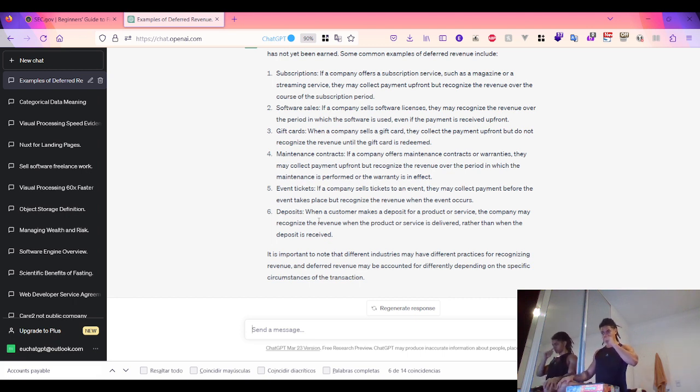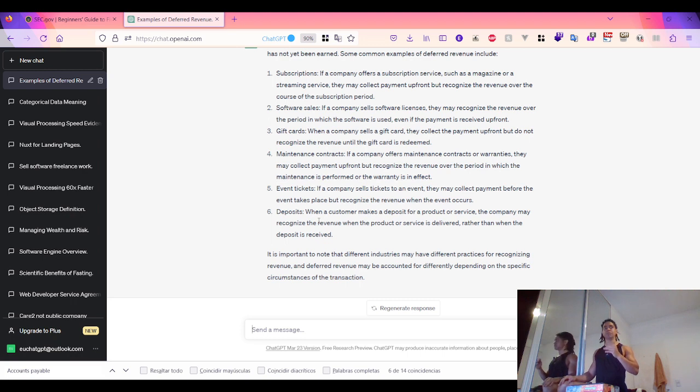If a company sells tickets to an event, they may collect payment before the event takes place, but recognize the revenue when the event occurs. Exactly, event tickets. Okay, so gift cards, event tickets, subscription service.